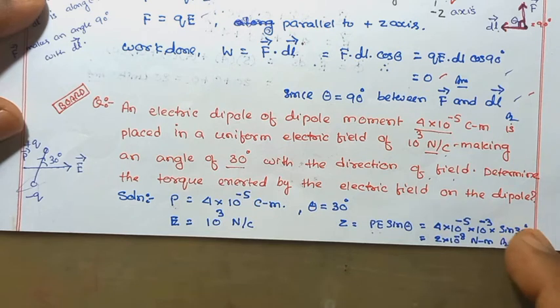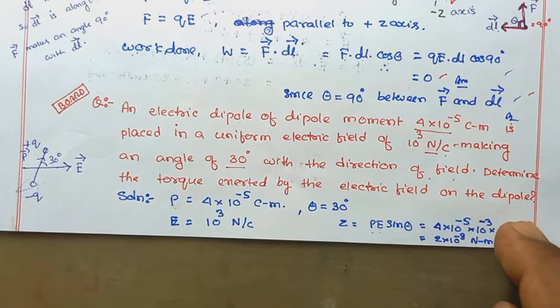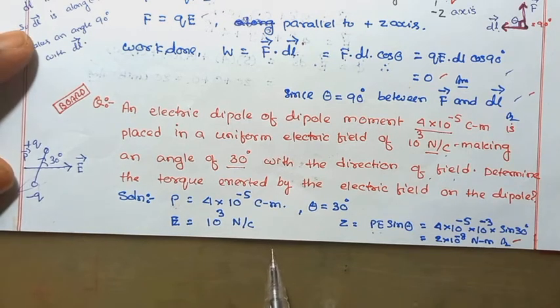So we have to calculate the torque. We know that torque developed is pE sin theta. p is given, E is given, theta is given. So putting all these values, we will get torque equal to 2 into 10 power minus 2 Newton meter. Okay?